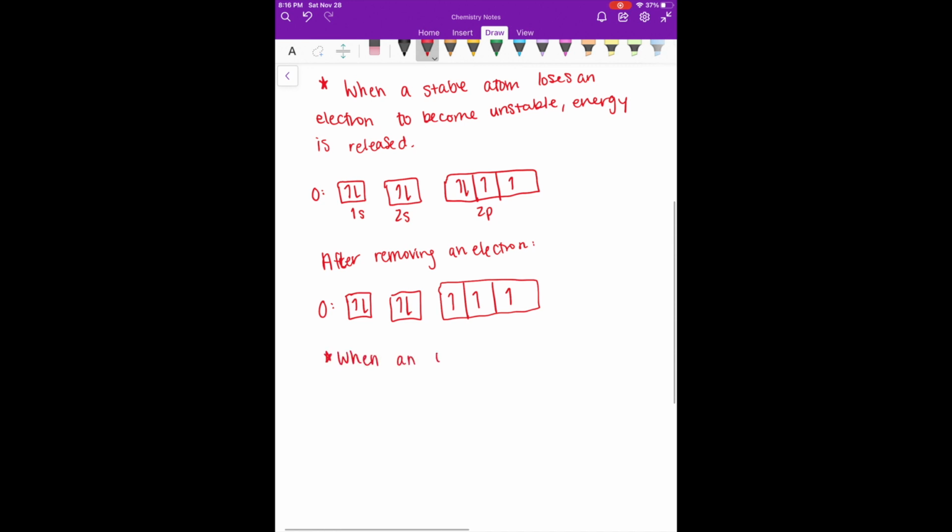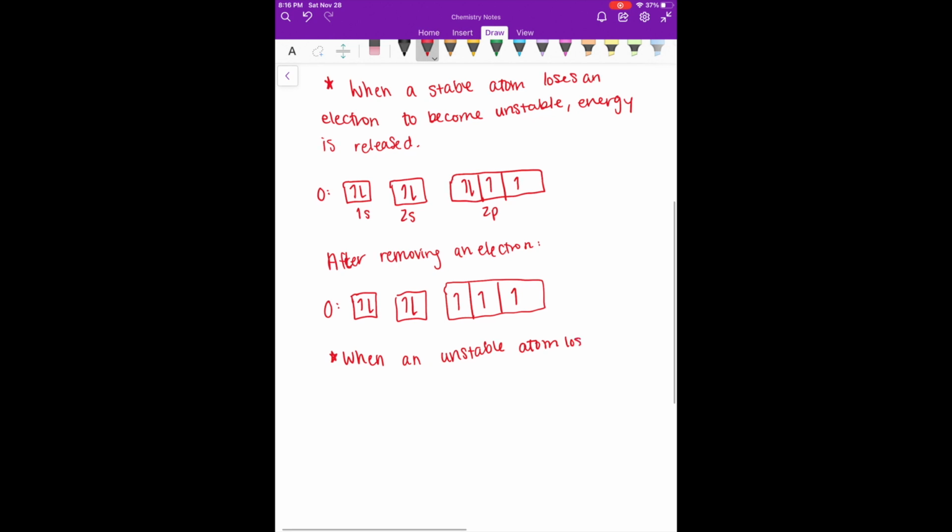So, after the electron is removed, we see that it has moved from a 2p4 orbital to a 2p3. So, an unstable atom has now become stable. And we remember previously covered that when this happens, energy is released.